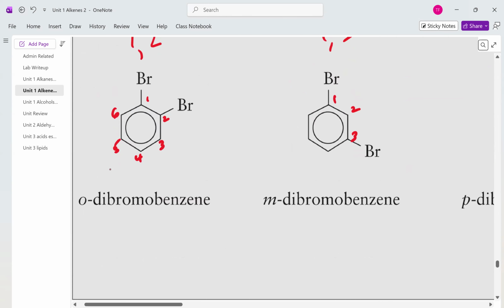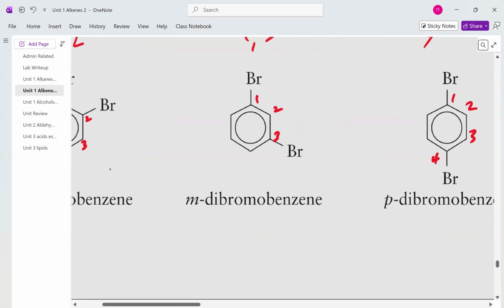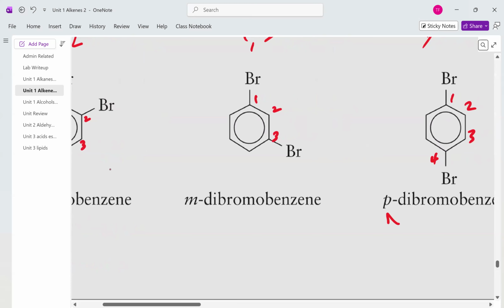If they're together, you go, this is italicized, o dash. So that is the ortho. Think of "or," little word, close together. P stands for para.